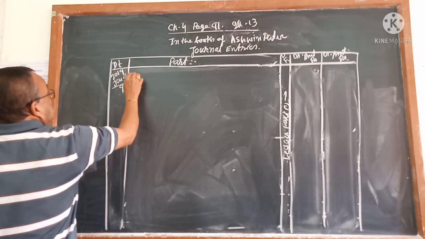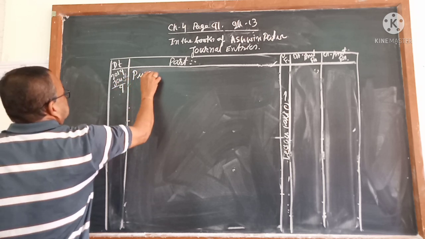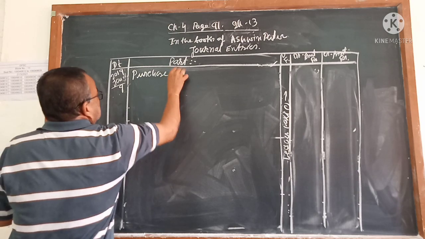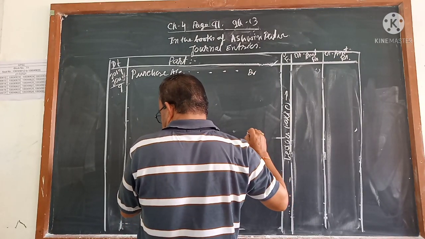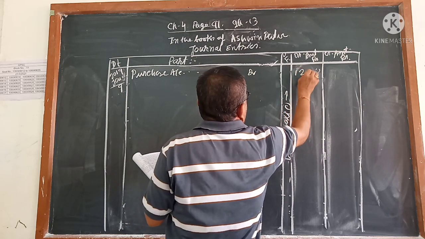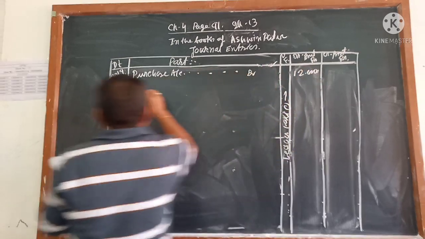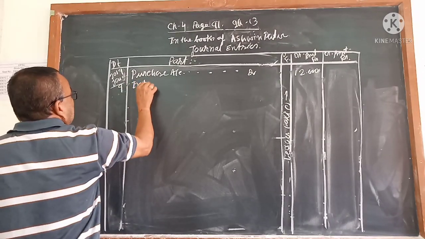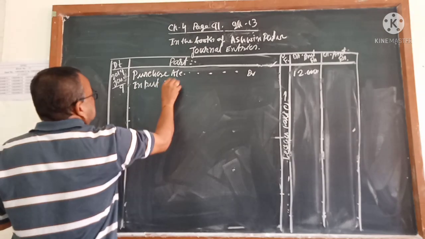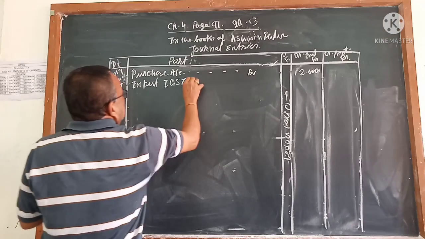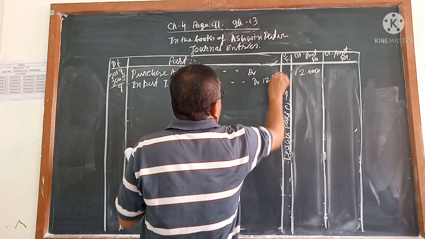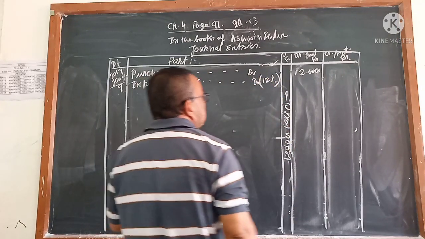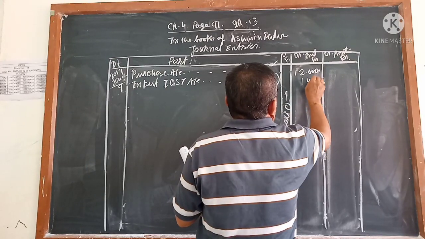Purchase account debit. Purchase account debit. How much? This is 12,000. Now input IGST account debit. How much percentage? 12%. 12% of 12,000, I think 1,440 is coming.